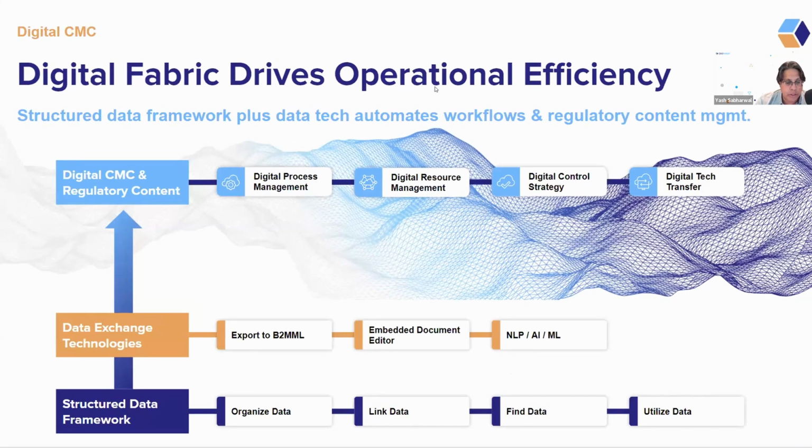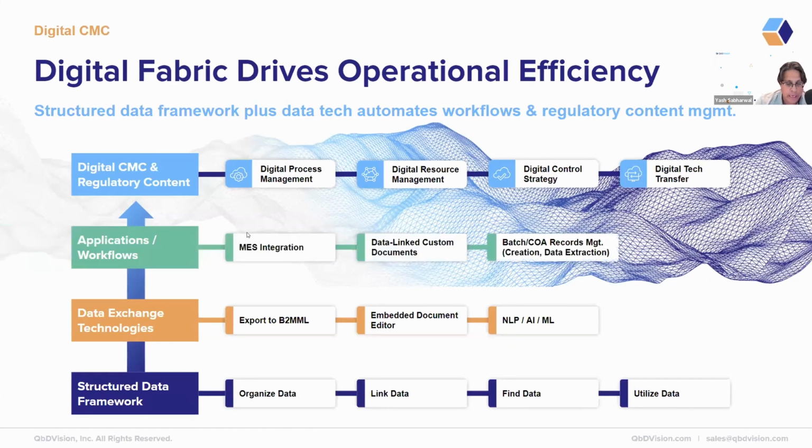So, we've built digital exchange technologies that allow you to export your process information to a B2MML format for MES integration, and to have an embedded document editor that allows you to create data link custom documents. We're also utilizing a lot of NLP and AI and ML tools that will allow you to scan information and extract information directly off of PDFs and other paper documents to take you in this direction of digital CMC and regulatory content workflows.